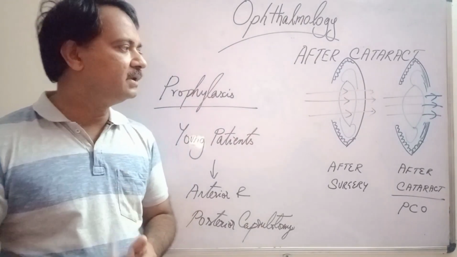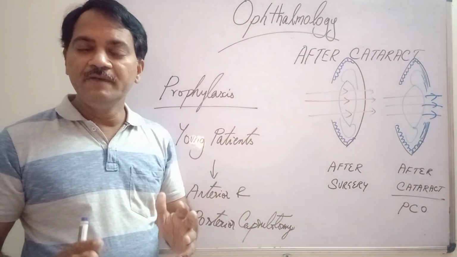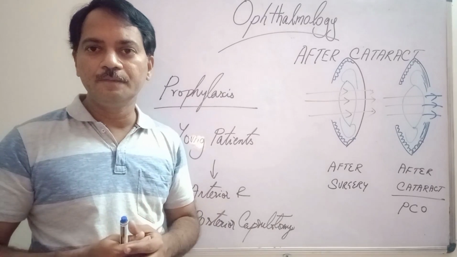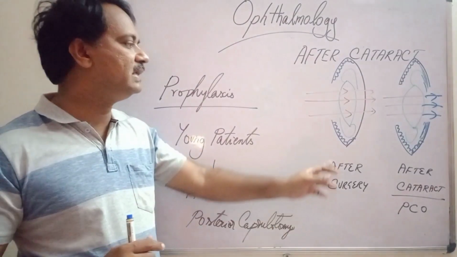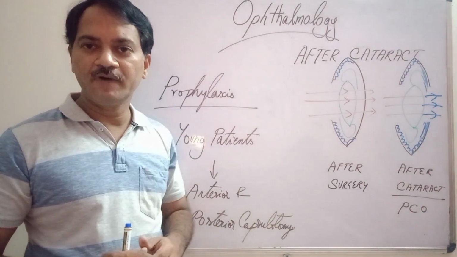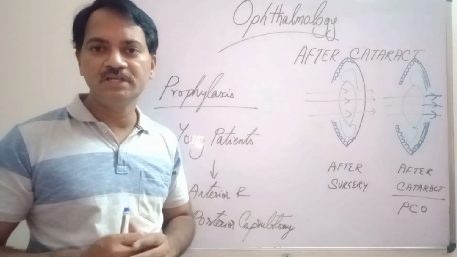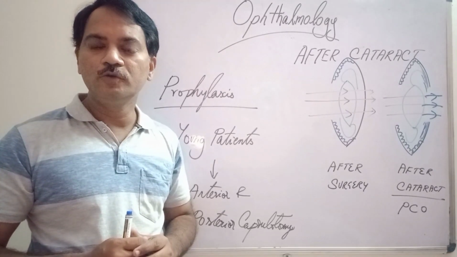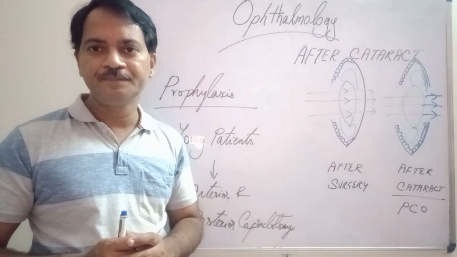In those people, this epithelium of the lens will be very, very active, and definitely this epithelium will form a large number of fibers that grow along the posterior capsule, leading to a very, very thick after cataract.